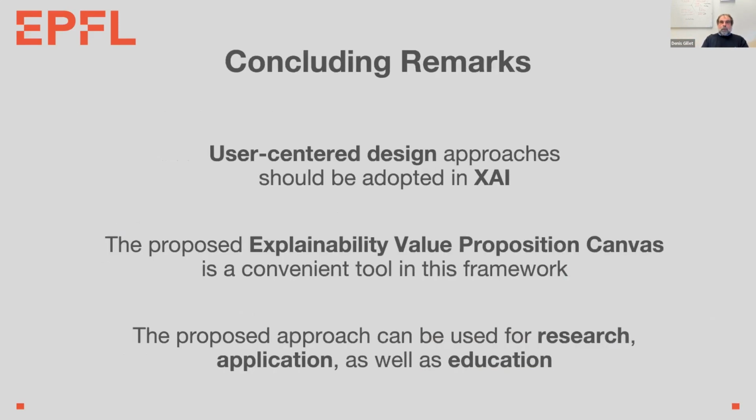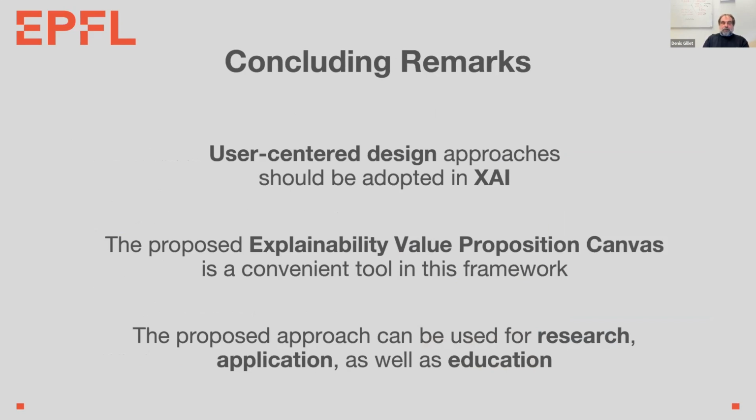So somehow, as a conclusion for this very short presentation, I think it's very important to take the user into account when we design explainable artificial intelligence solutions, and you have to consider what the target audience is. Obviously, the interface will be different if it's an expert or an average citizen.